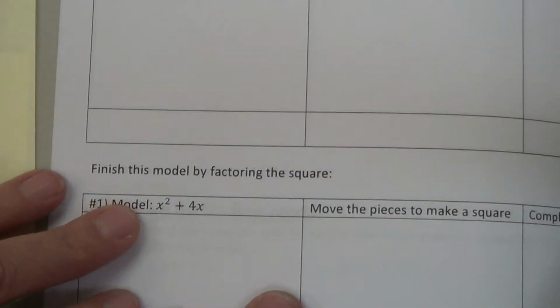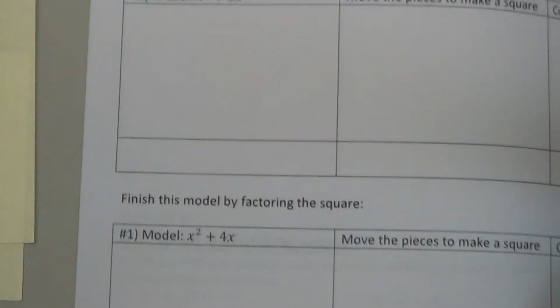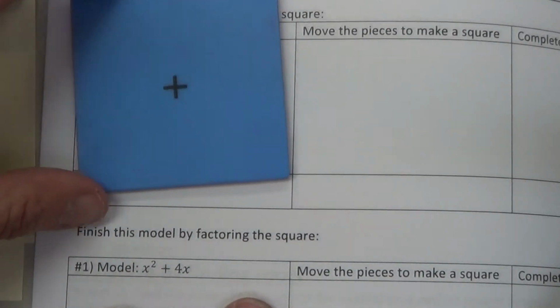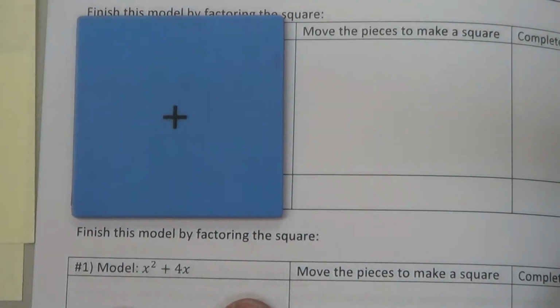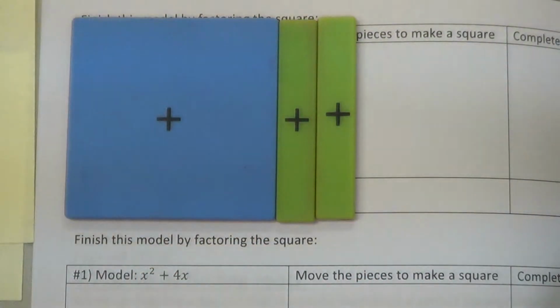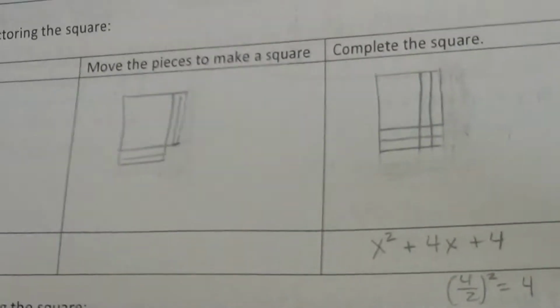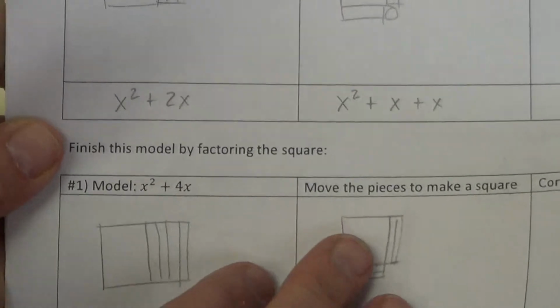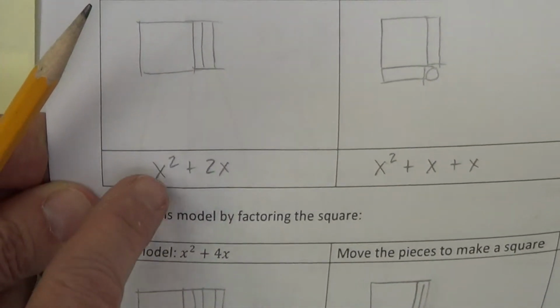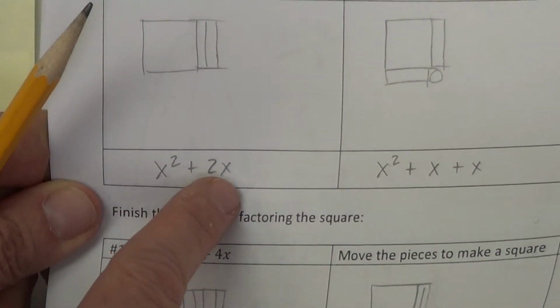The next one, we're asked to model an x squared plus 2x. There's our x squared. And there's our 2x. A little bit less time drawing that one. And so when you draw it, make sure and draw the rectangle that we have and write x squared plus 2x.